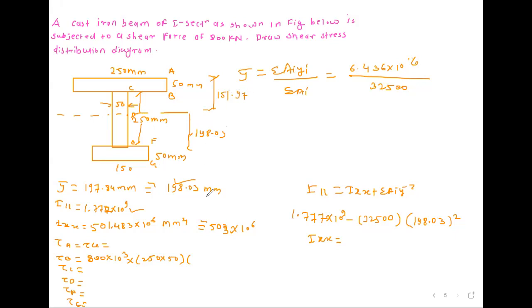So this is 151.97 minus 50 by 2, divided by moment of inertia Ixx which is equal to 501.48 into 10 raised to 6, into width is 250. So how much is tau b?